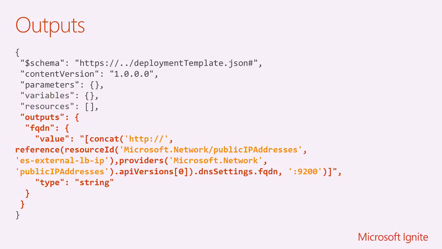If you're deploying from the command line, this is very useful because you can take that Kibana IP address or those outputs and feed them into other parts of your DevOps automation.